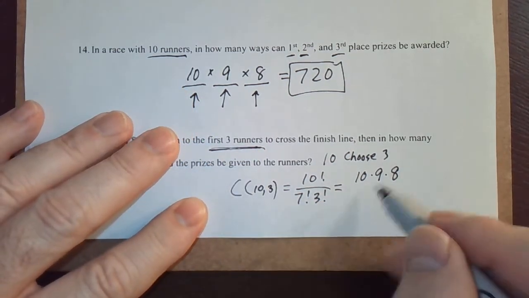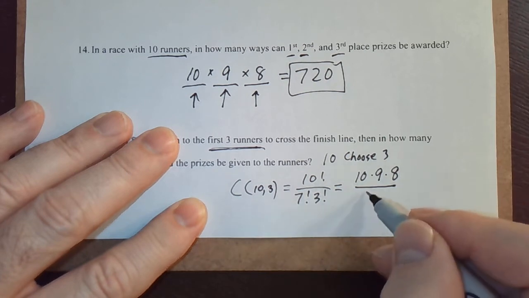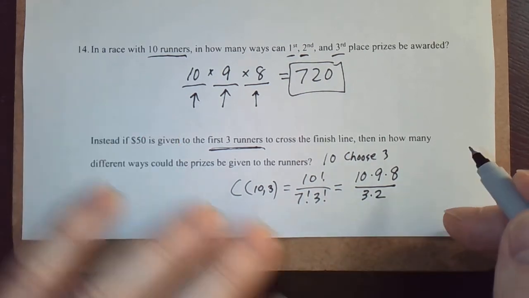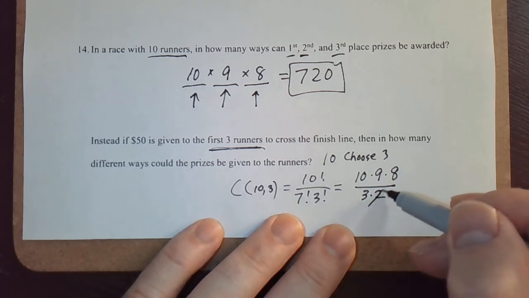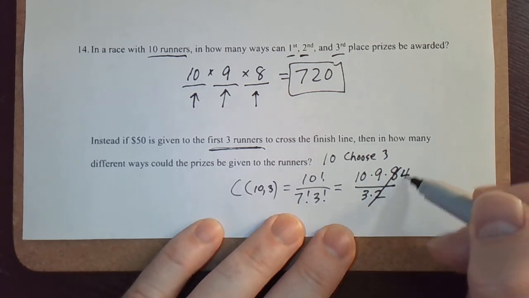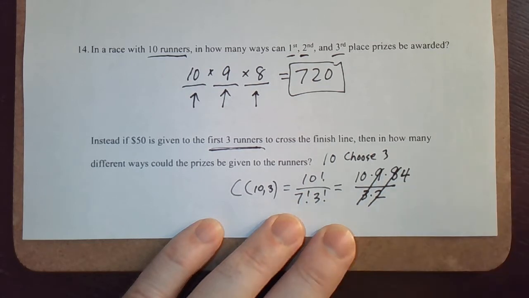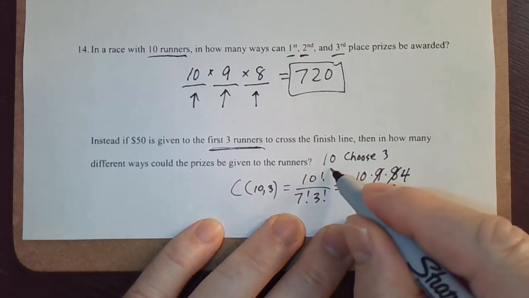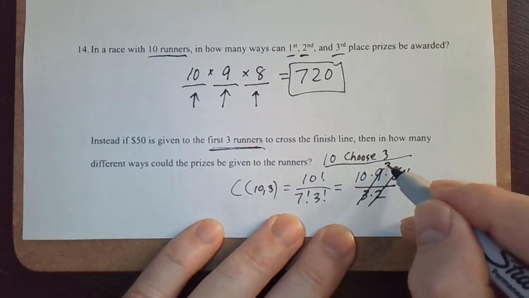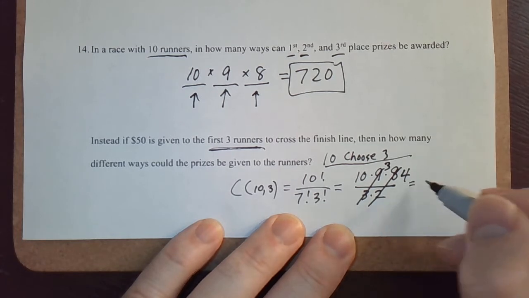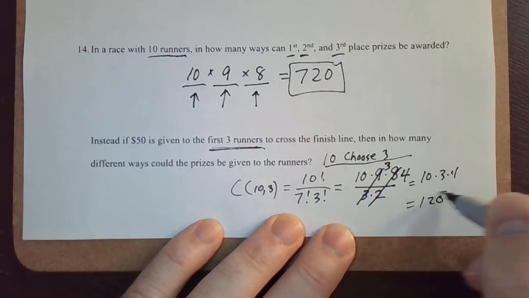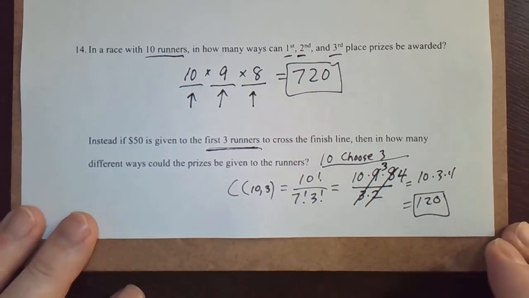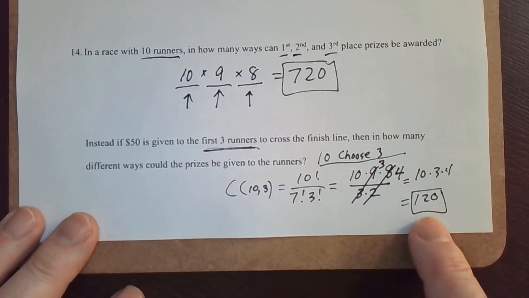But now we've got this 3 factorial underneath it, which is 6, but I'm going to write it down like 3 times 2, because I want to cancel. The 2 and the 8 cancel to give me a 4 on top. The 9 and the 3 cancel to give me a 3 on top. So this is going to be 10 times 3 times 4, only 120 ways now, because order doesn't matter.